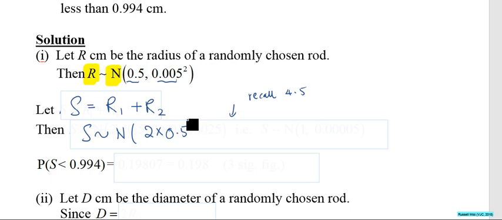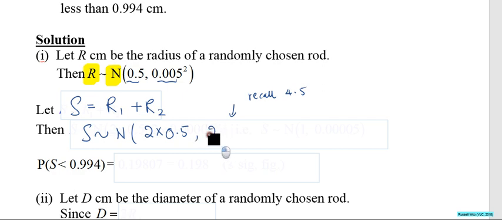Correct? Yes? What is the variance? Remember, variance of this is variance of this plus variance of this. Which means variance of R1 plus variance of R2, that means 2 variance R, which is 2 times this. So I'm sure you can write this down.